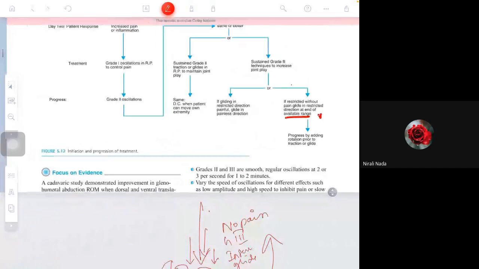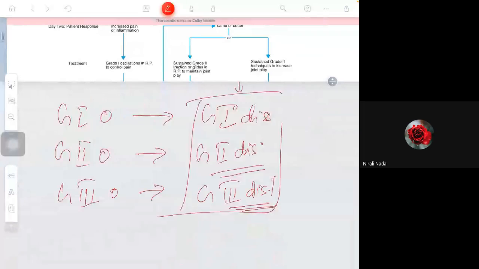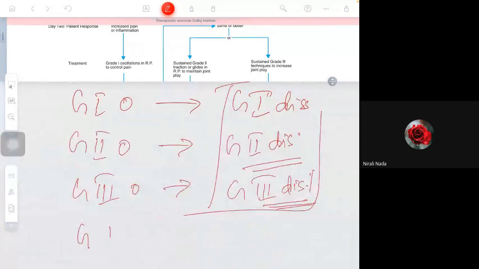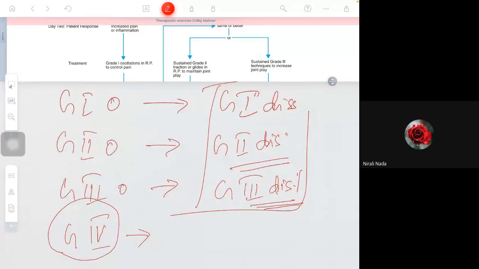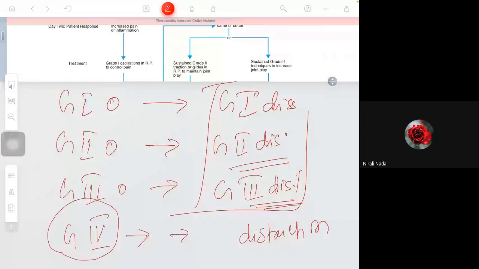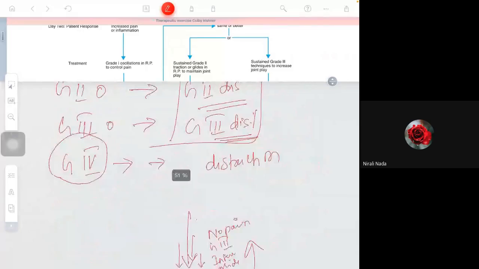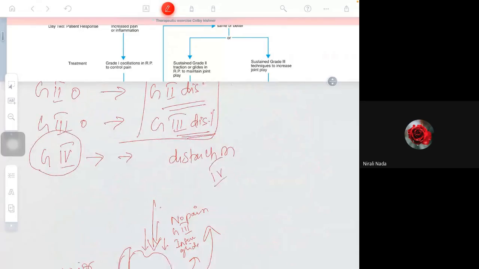Clear? So now, last point. Grade 4. Before giving grade 4, what I have told, you should give the corresponding distraction. But there is no grade 4 distraction. There is no such grade 4 distraction.